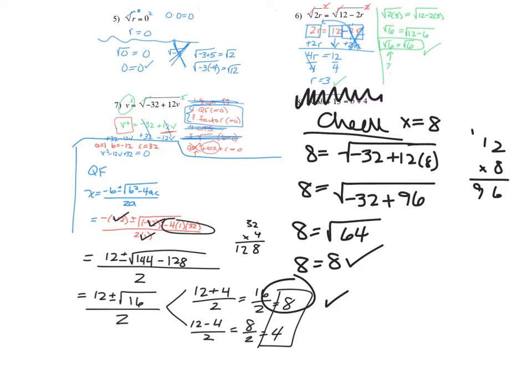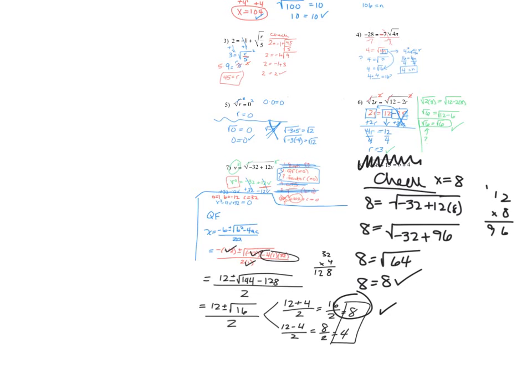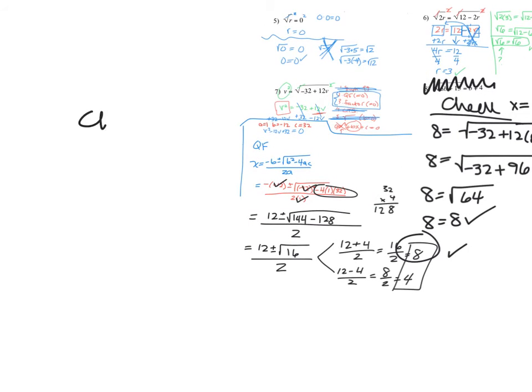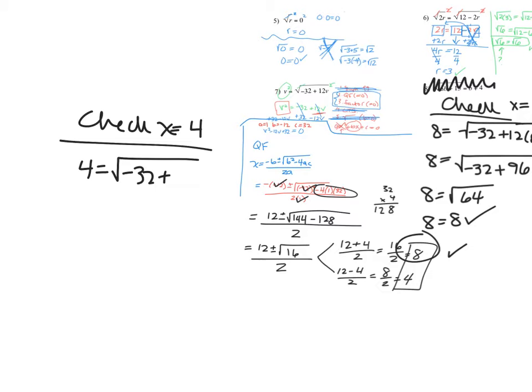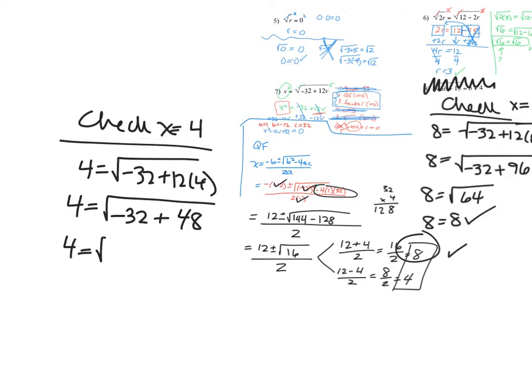Let's check 4. Kind of running out of room here. So we got 4 equals the square root of negative 32 plus 12 times 4. Negative 32 plus 48, which is really 16, and look at that, they both work out.